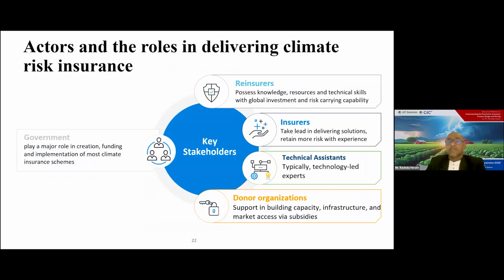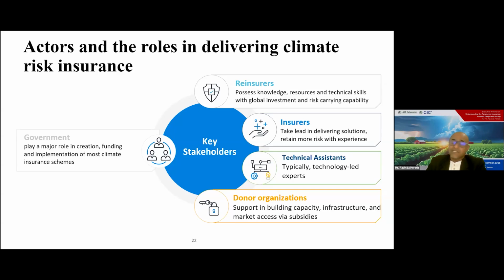The reinsurer is a key stakeholder that gives the technical skills as well as global investment and risk carrying capacities to the insurer. The insurer is one of the key stakeholders in the industry, taking the lead in developing and delivering solutions, and retaining more risk. With the experience and technical assistance, like tech companies or the satellite data providers, all these come under technical assistance, and also donor organizations.